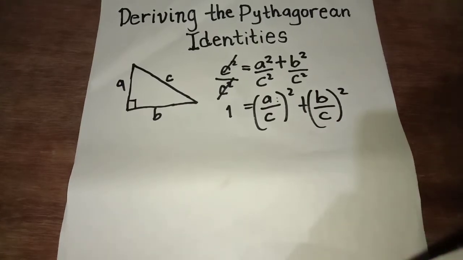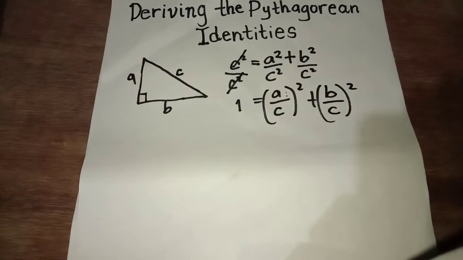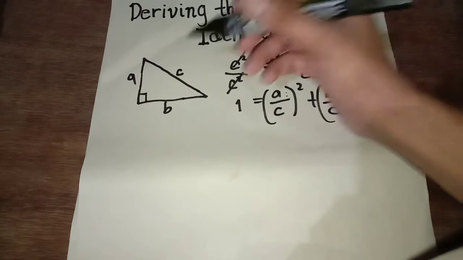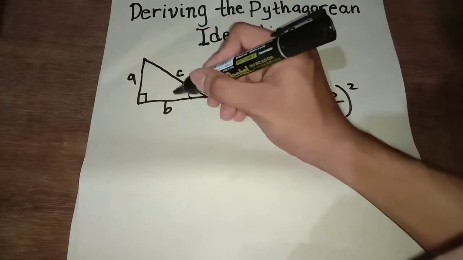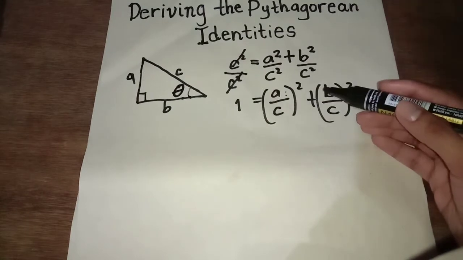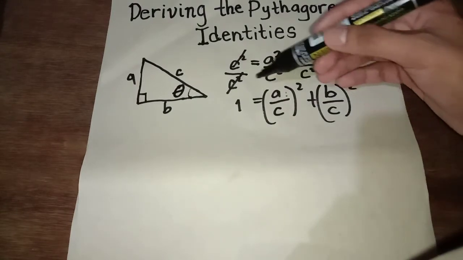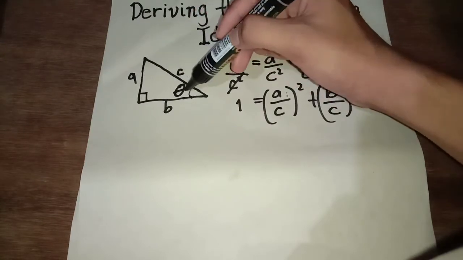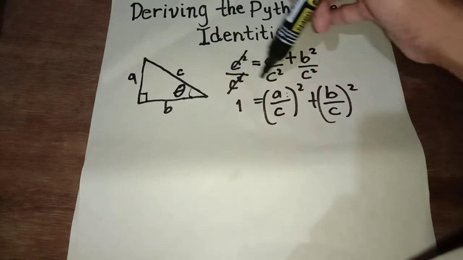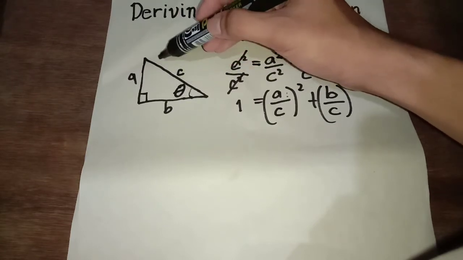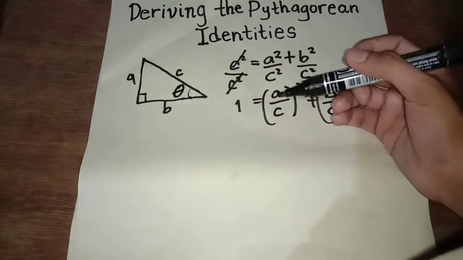So from the 6 trigonometric functions, we know that, suppose this is our reference angle, then a over c, if this is a reference angle, that is the opposite side of the angle over the hypotenuse.